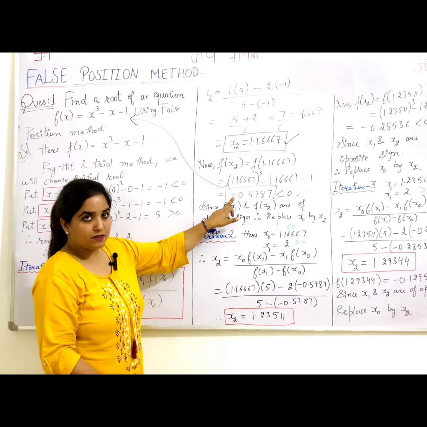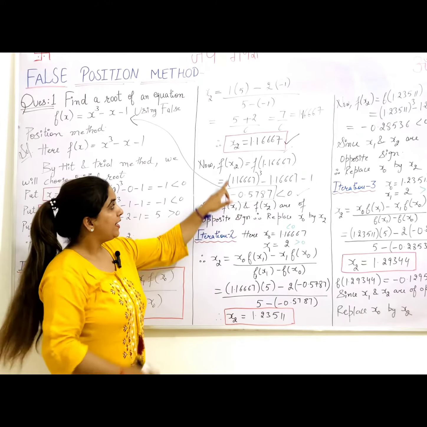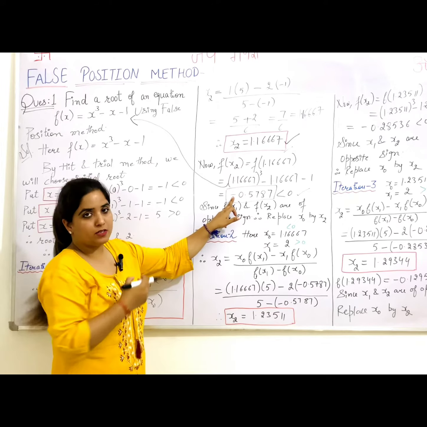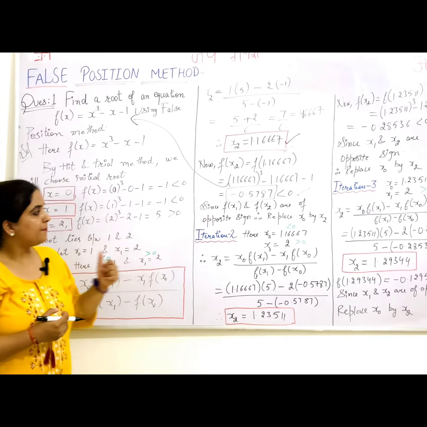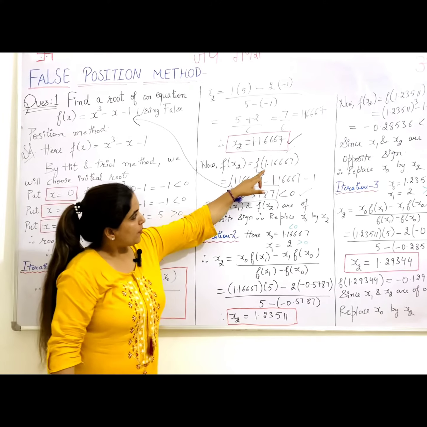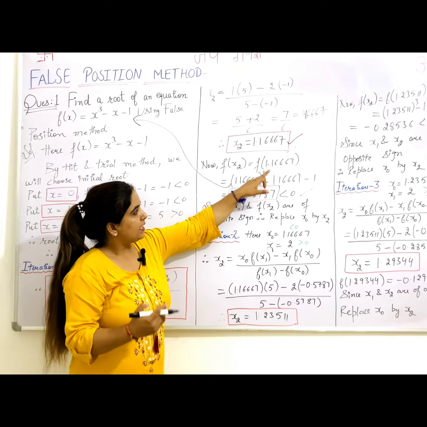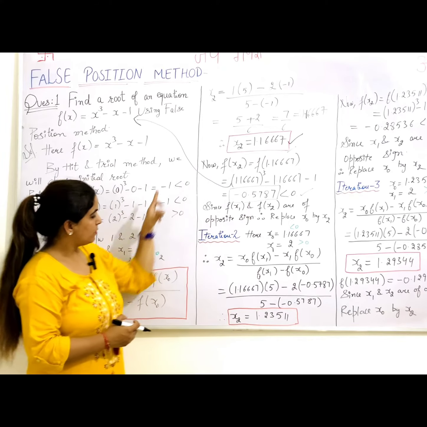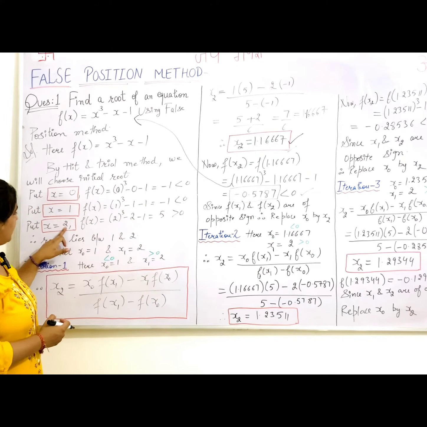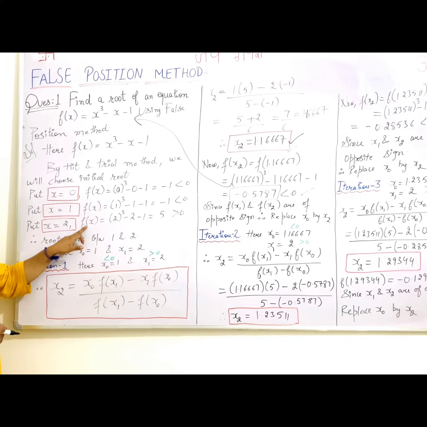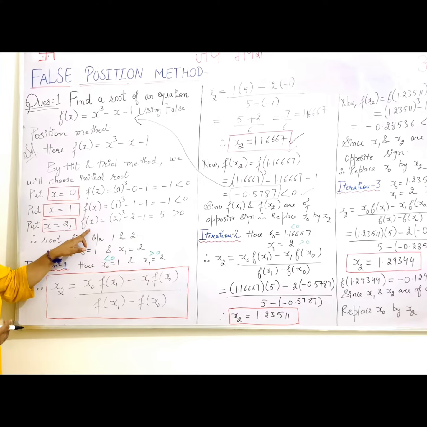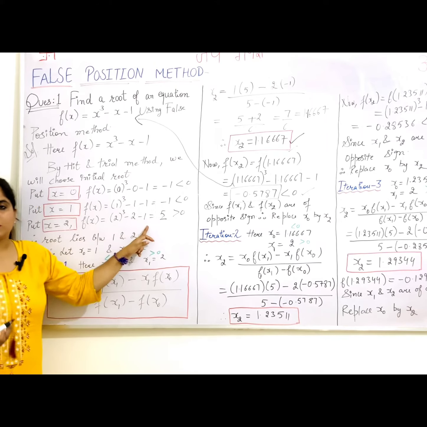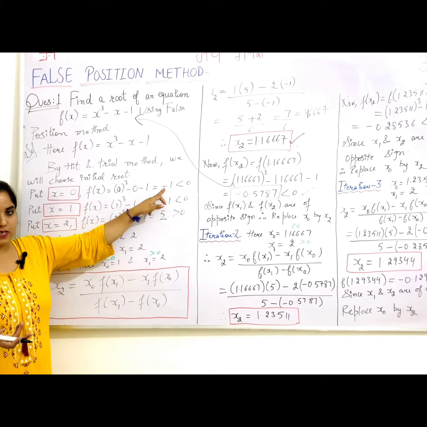It is a negative one, so we will focus on the positive one. If it were positive, then we would move backwards to look for the negative one. So 1.1667 is giving us a negative value. Going backwards, we will find any value which we have substituted in the given function that is a positive value. So here we can see only 5 is a positive number. Minus 1 and minus 1 are both negative.